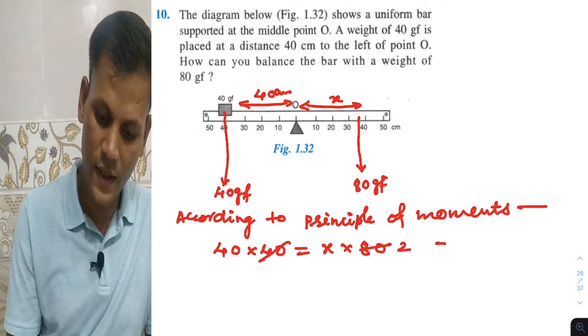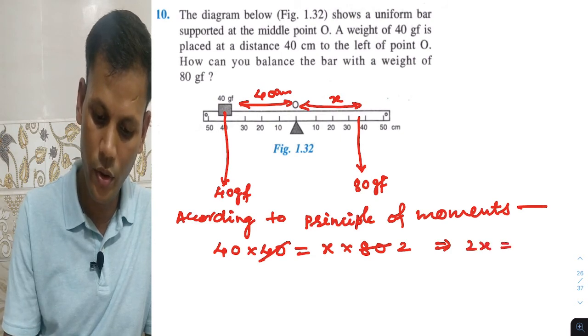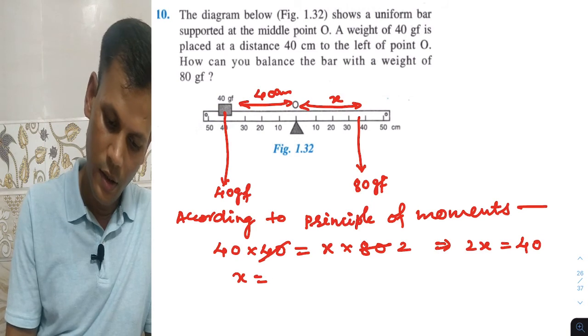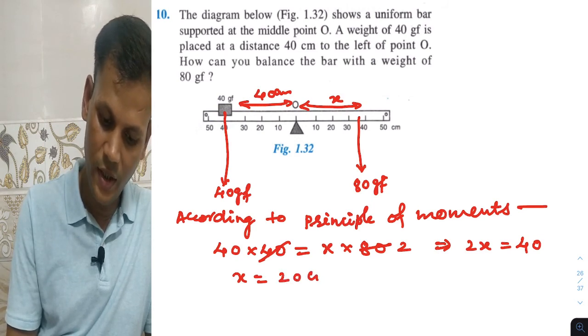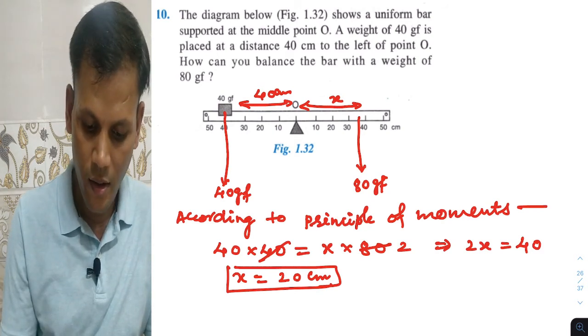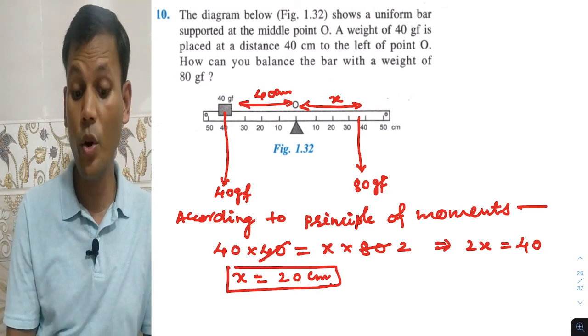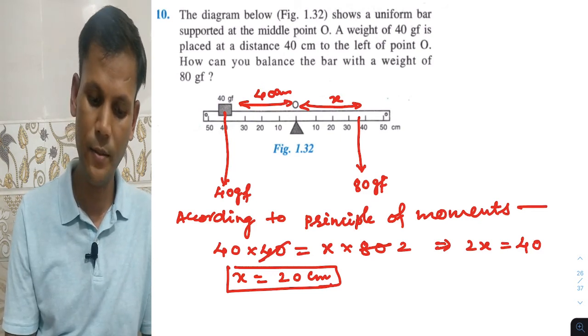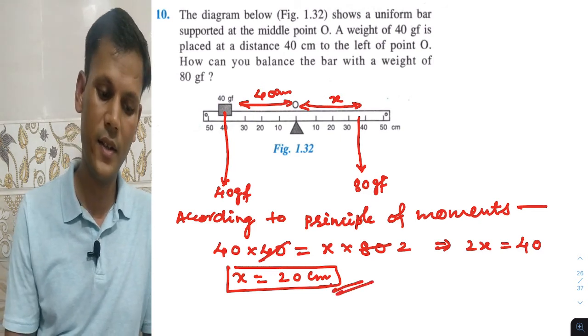Now 2x is equals to 40. So x will be 20 centimeter. So at which mark it is asking? Of course 20, because from 0 we are calculating, right? So at the mark of 20 centimeter. This is the final answer.